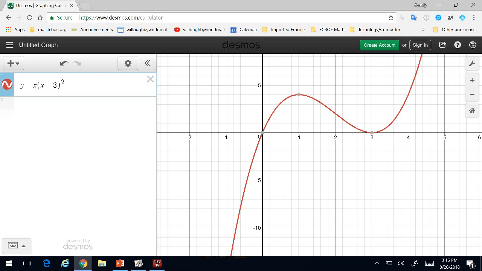To find the degree, when you have multiple factors, you have to add those exponents. 2 plus 1 is 3. This one has a degree of 3. Does that affect the end behavior? And does this 2 and 1 affect what happens at the x-axis? This last example, we have 2 factors, but this one's squared and this one's cubed. So 2 plus 3 gives this one a degree of 5.